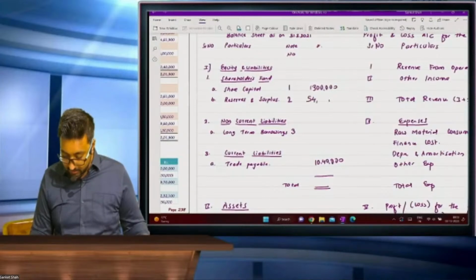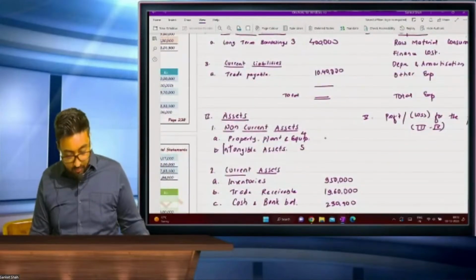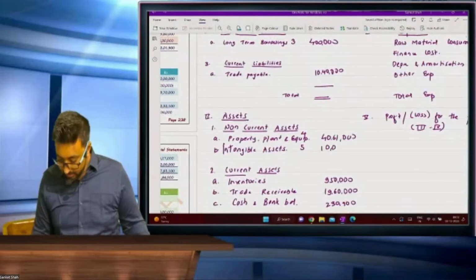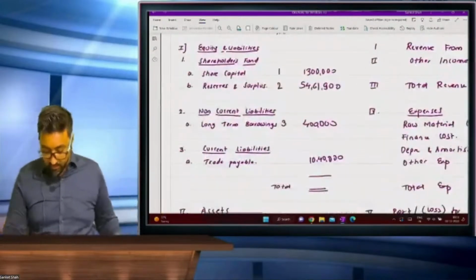Thirteen lakhs, 54 lakh 61,900. Long-term borrowings 4 lakh. Property, plant and equipment 40 lakh 61,000. 10 lakh intangible assets. And now you can tally your balance sheet.